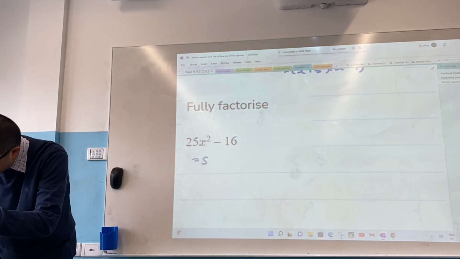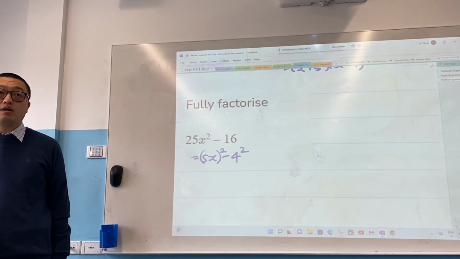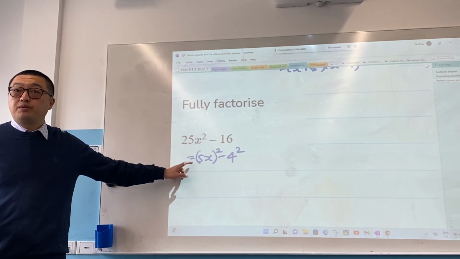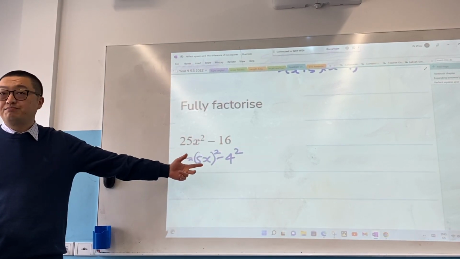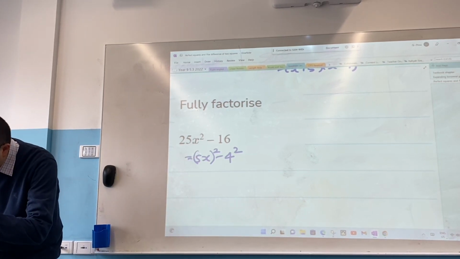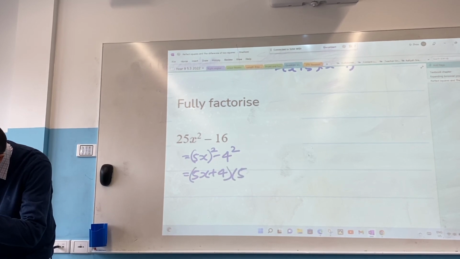So that is this. I must manually transfer here to here. Is that okay? Once you've done that, difference of 2 squares is A plus B, A minus B.